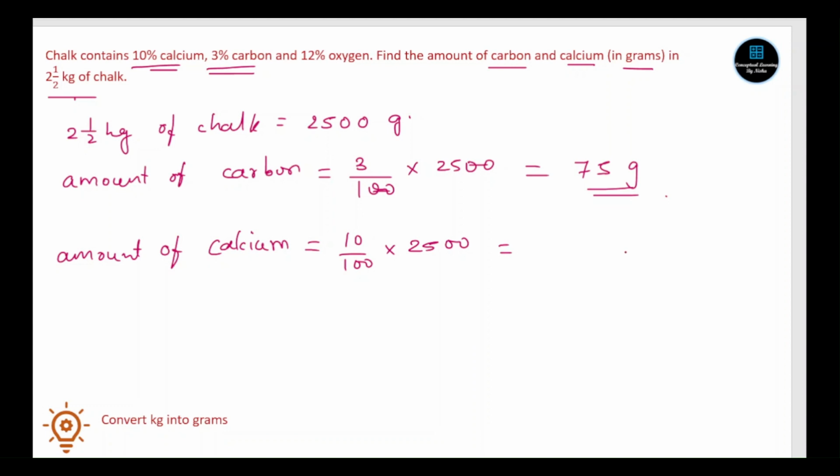So what do we get? Yes, it is 250 grams. Because this 0, 0 cancel and 25 times 10 is 250. So 250 grams of calcium is there in 2.5 kg chalk. You understood this? If I ask you for oxygen, it's the same way. You have to find for oxygen. But it is not asked here, so I am not finding it out. Alright? Great.